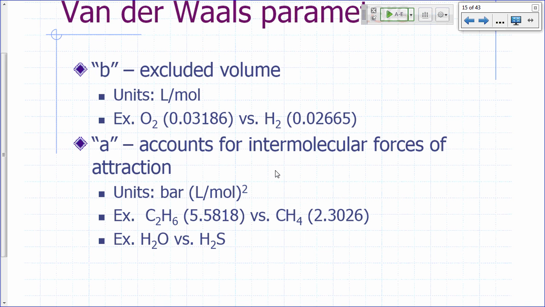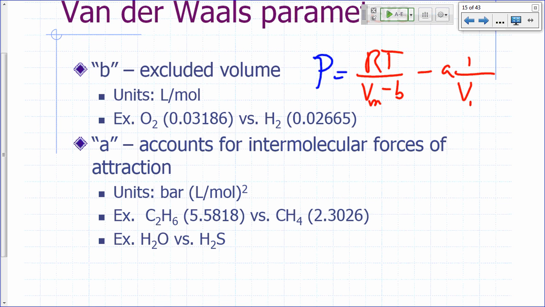So let's look at our units. If you look at your equation, P equals RT over molar volume minus B, minus A times 1 over molar volume squared. What's our unit for B? B has the same unit as molar volume. Remember, it's excluded volume. So if you look up values for the van der Waals constant B, it's given in liters per mole.